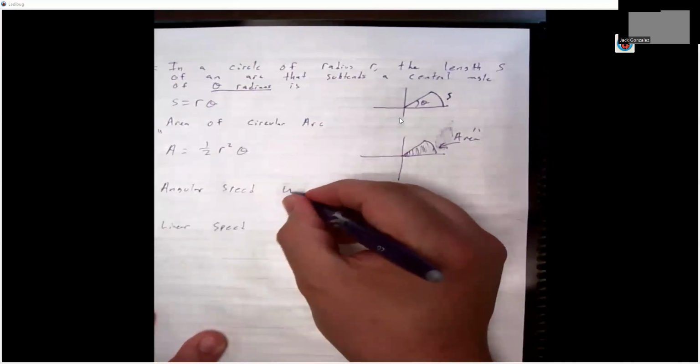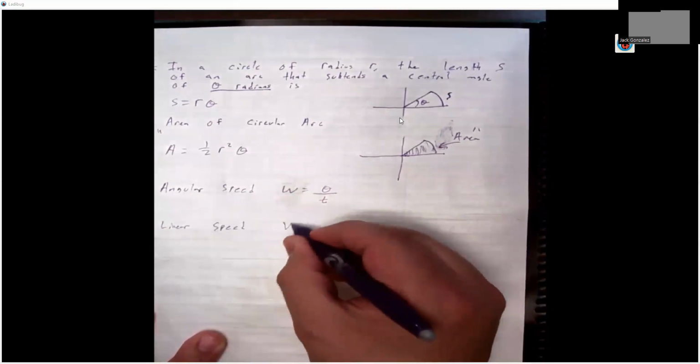Let me write that down here. It looks like a W. In the book, we use omega, and they use V for linear speed. So t is time, obviously, s is the arc length, and theta is the angle.